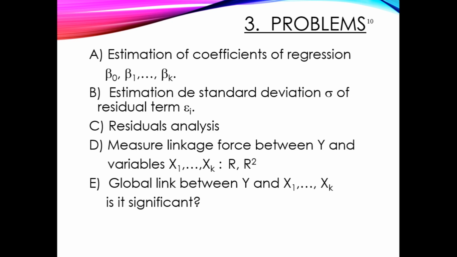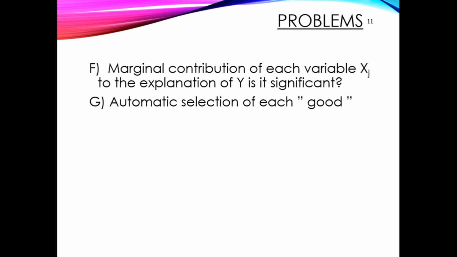So the individual contribution of any explanatory variable to the main variable, as I told you, is the significance of a variable. We can also deal with automatic selection of each variable, whether a variable is good or not, and we will see how to deal with this kind of situation.